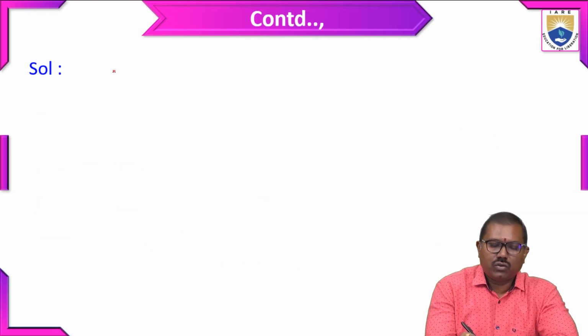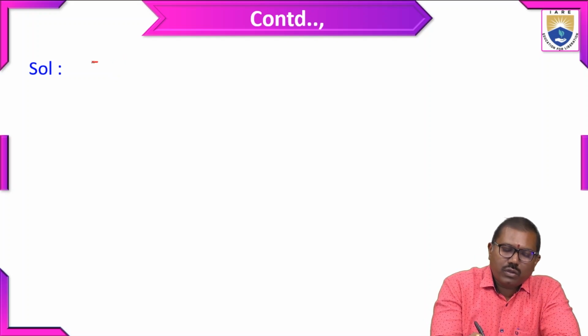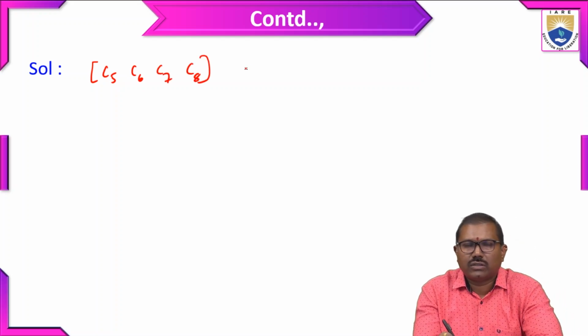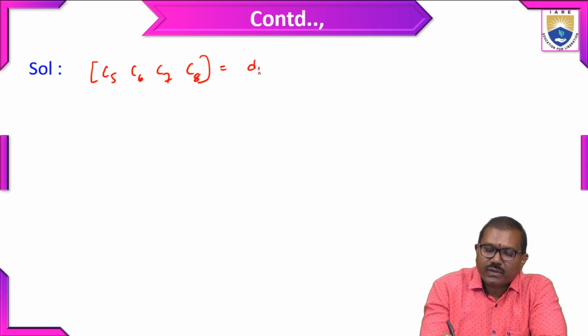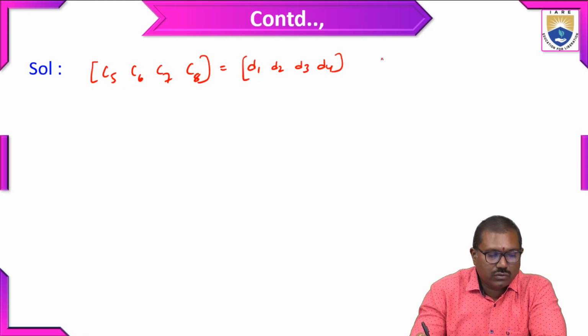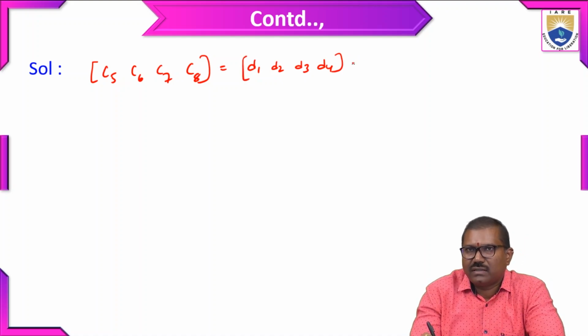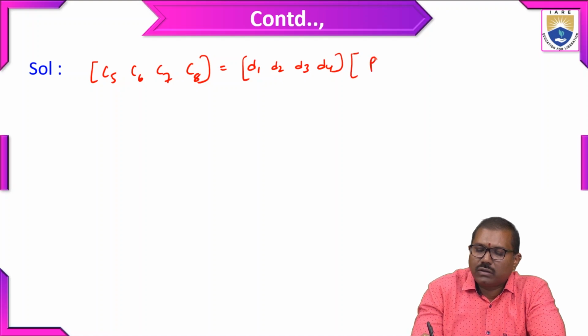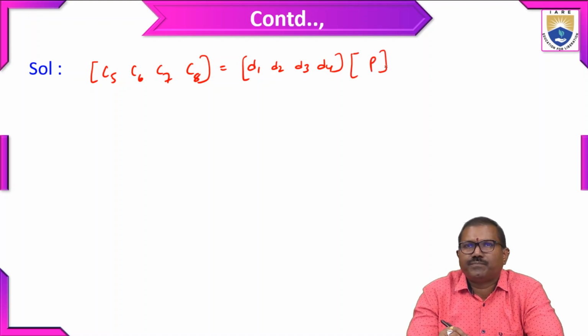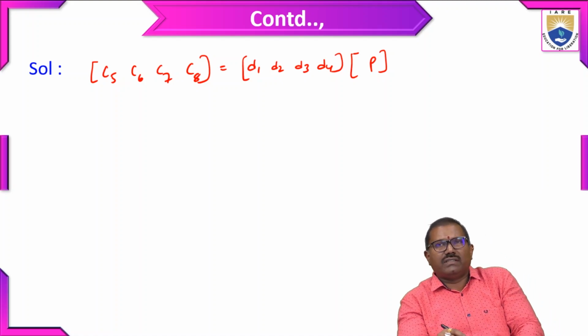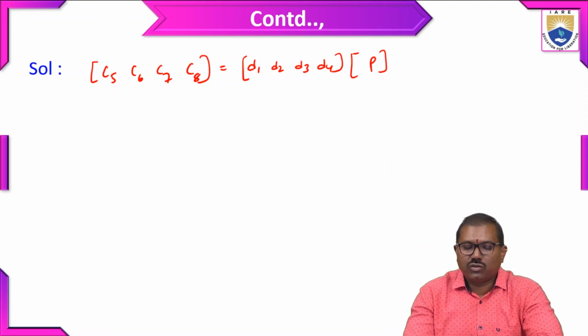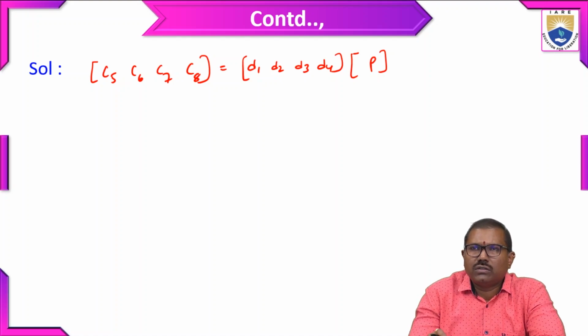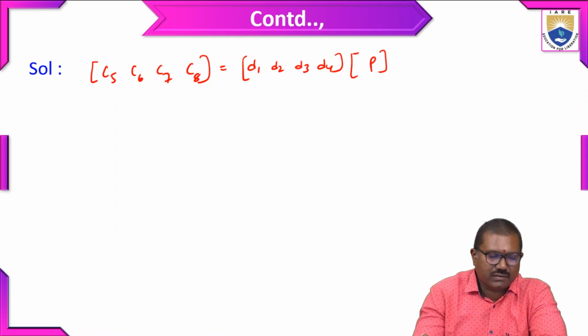To obtain the generator matrix, we write C5, C6, C7, C8 equal to D1, D2, D3 and D4. Now, what is the coefficient matrix?